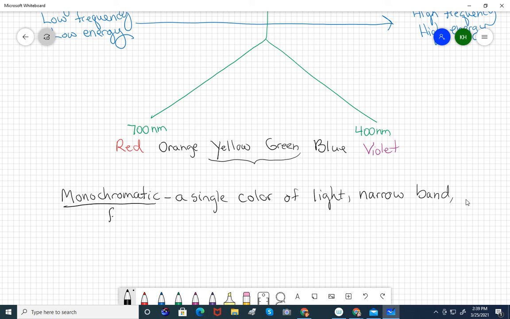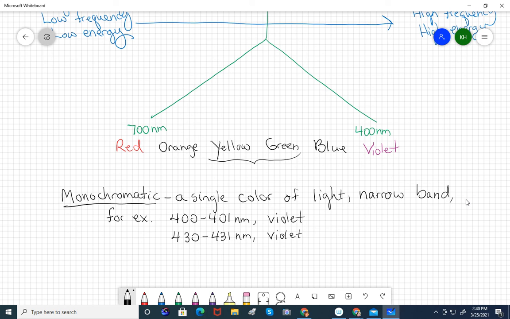For example, if you had light from 400 to 401 nanometers, you'd have one particular color of violet. If you had light from 430 to 431, you would have a somewhat different color of violet. But you could have violet light that had everything from 400 to 440.